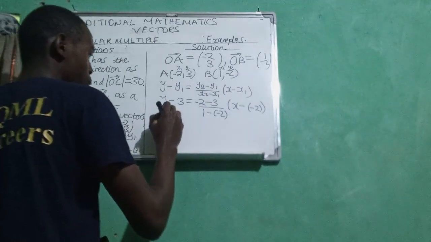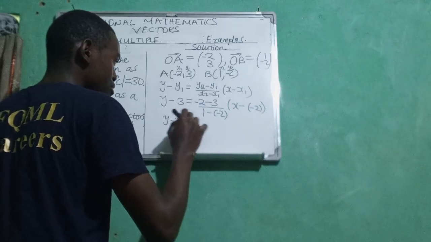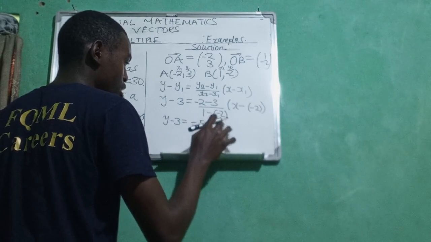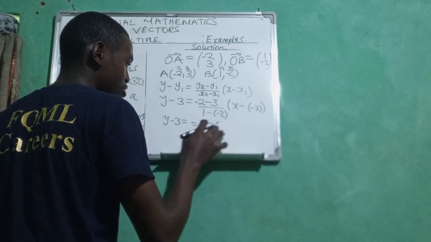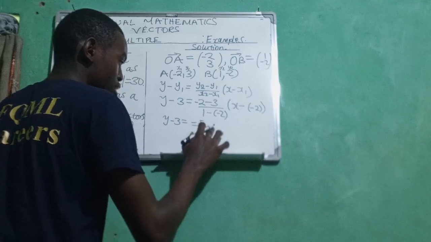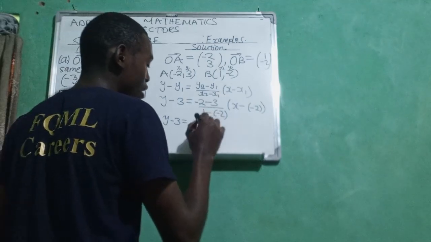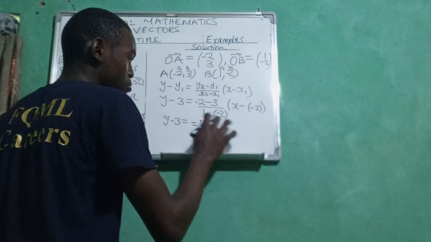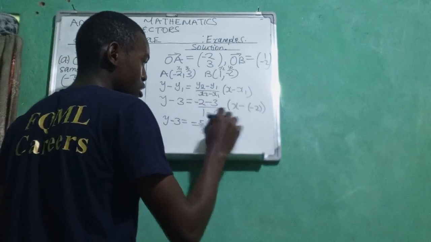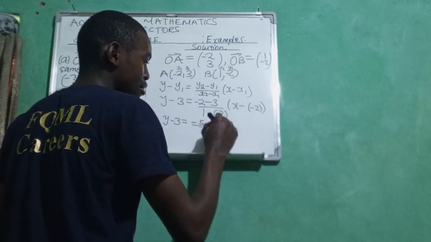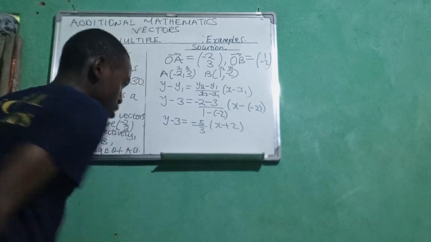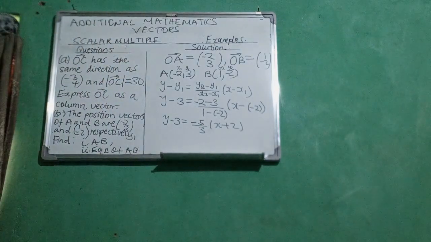This will be y minus 3 is equal to negative 5 over, let me just simplify it, negative 5 over 1 plus, this becomes plus, so 1 plus 2 is 3. Then here this becomes plus, so x plus 2, like that. Alright, so we are almost done.